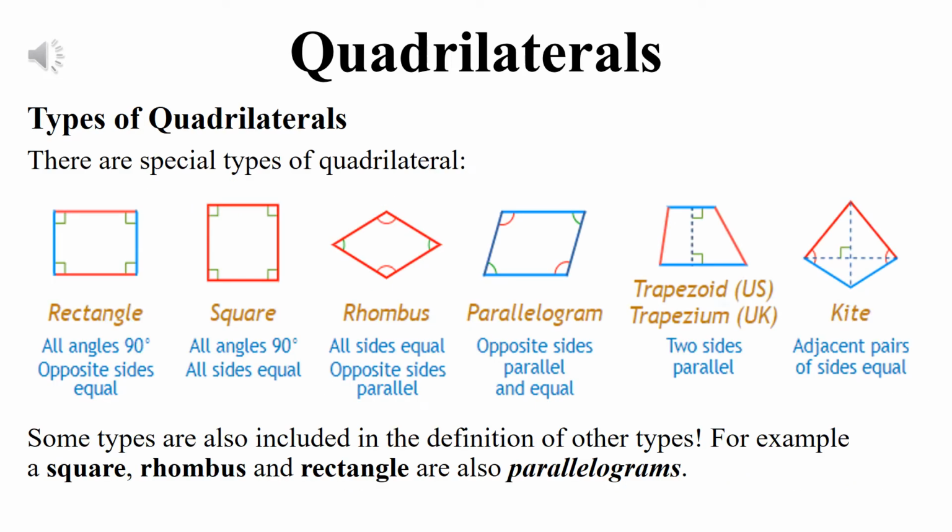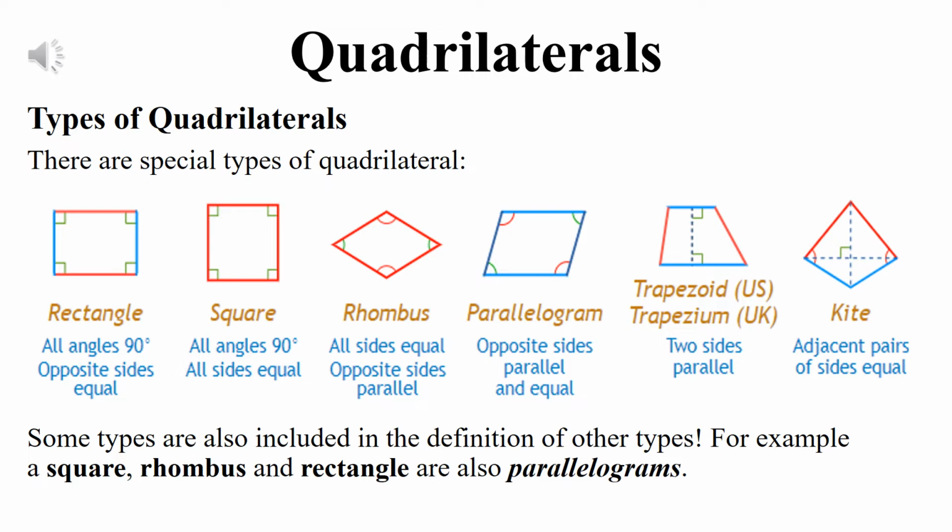Types of quadrilaterals. There are special types of quadrilateral. Rectangle, all angles 90 degrees, opposite sides equal. Square, all angles 90 degrees, all sides equal. Rhombus, all sides equal, opposite sides parallel. Parallelogram, opposite sides parallel and equal.